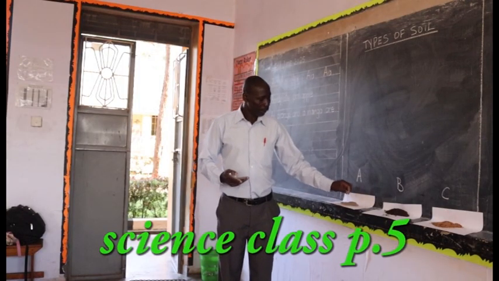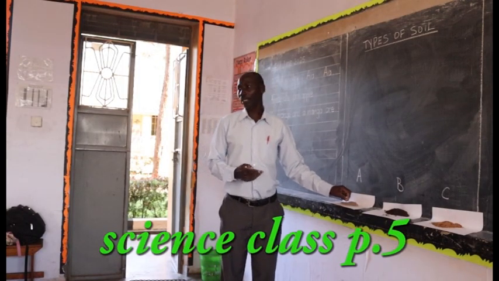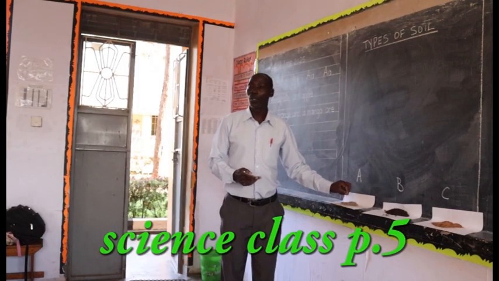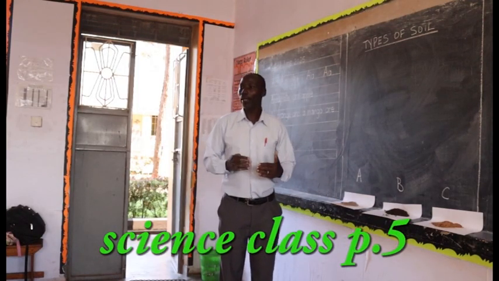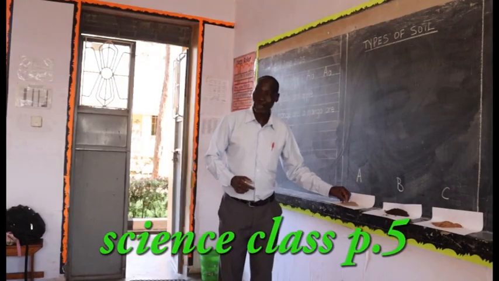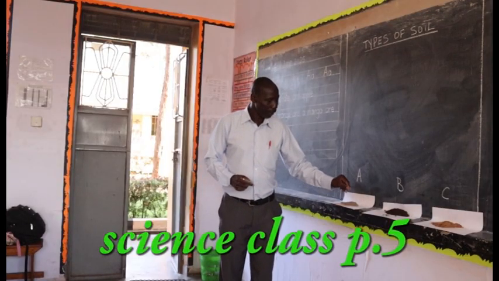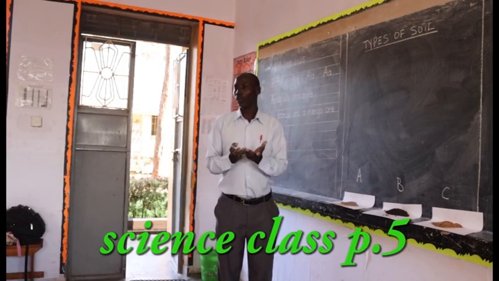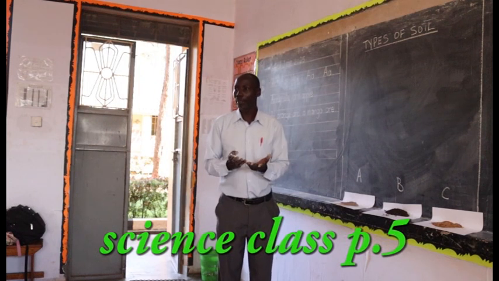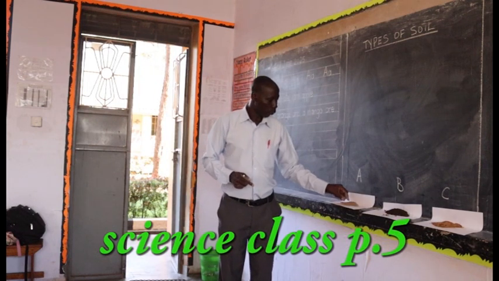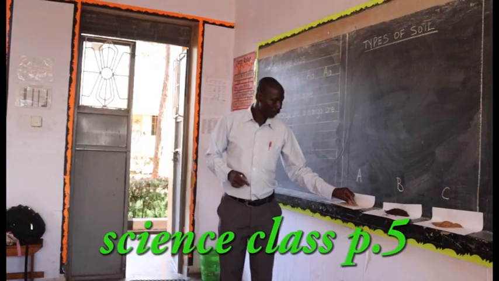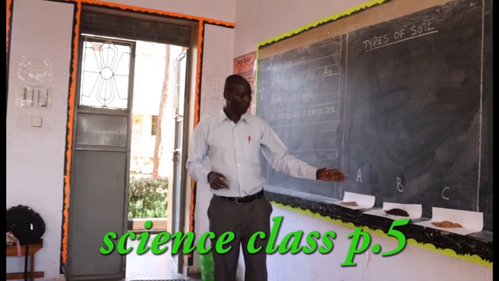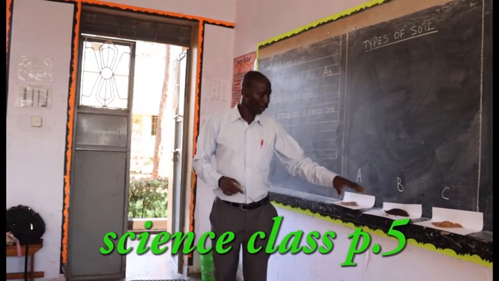That's why it is very, very important for us to have clay soil. Because of its fine texture, we can easily model and make the pots, the plates and even the cups for our home use. That is clay soil. So those are the 3 types of soil that we have.